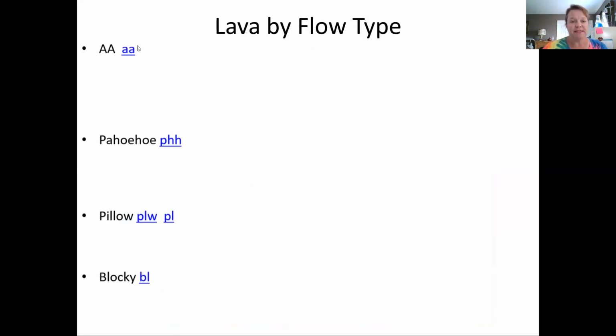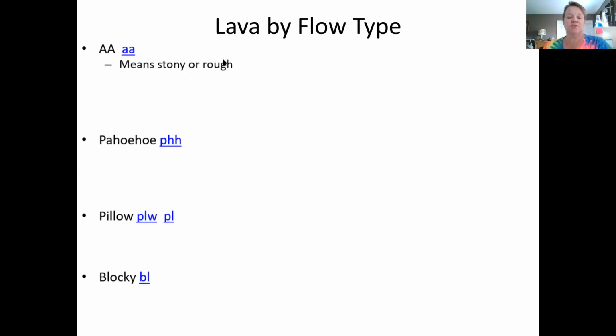And basically, it's the rocks that they cool into that make them classified in these 4 different types. We'll talk about some characteristics of each one, and then I'll show you a little video of that type of lava flowing and pictures then of the rock that results.